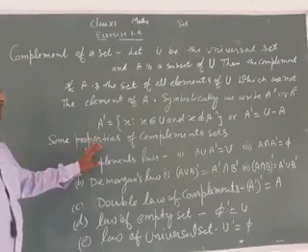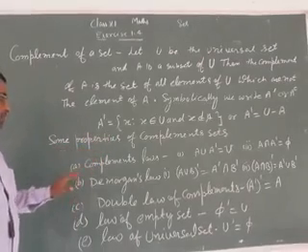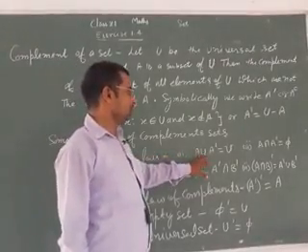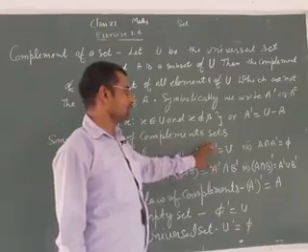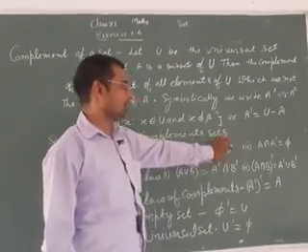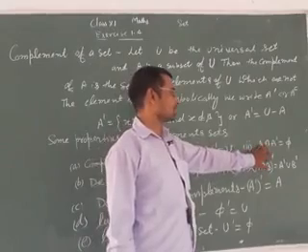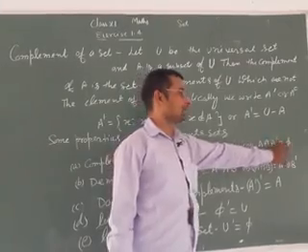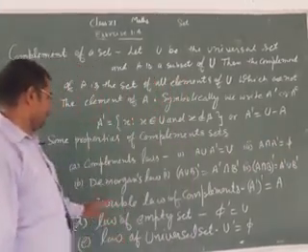Some properties of the complement of a set. Complement law: first, A union complement of A is the universal set, and also A intersection complement of A is equal to phi, the empty set.